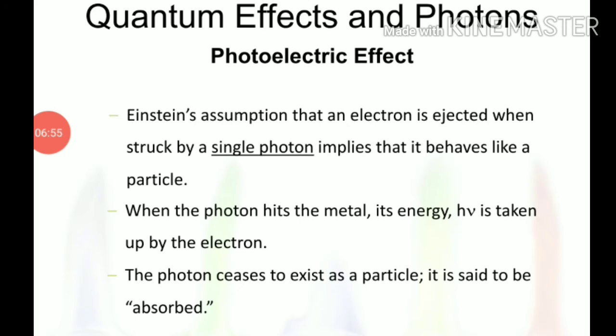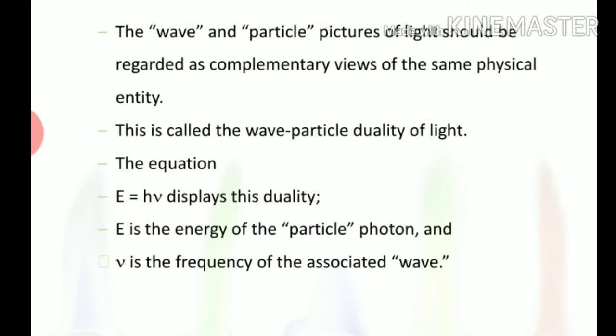Here, Einstein assumed that an electron is ejected when struck by a single photon, which behaves like a particle. When a photon hits the metal, its energy h nu is taken by the electron, which is excited to a higher energy level and ejected from the metal surface.